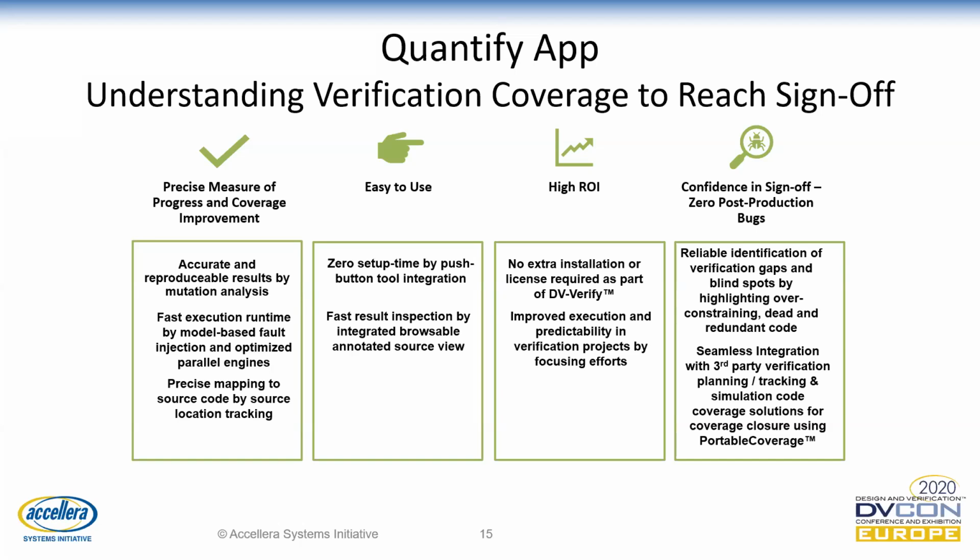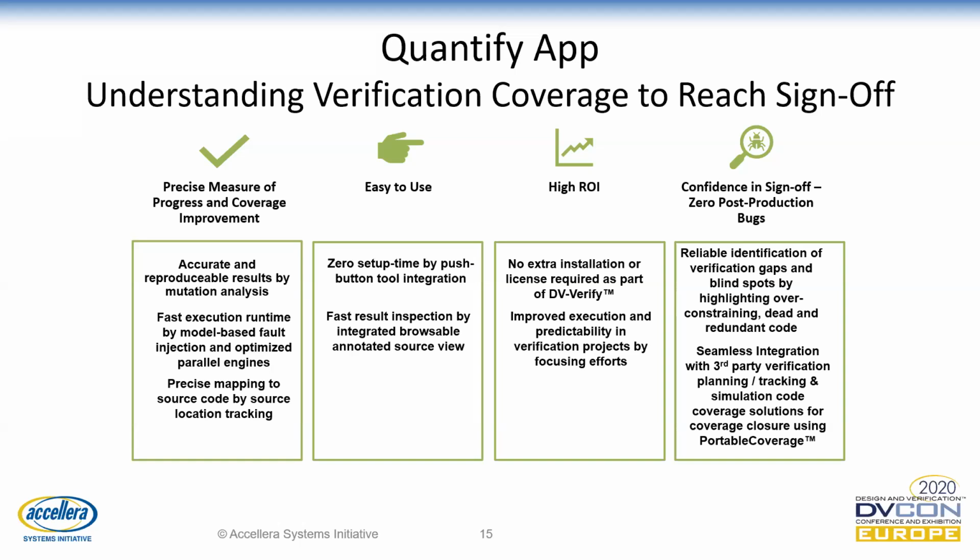It's fast, so the execution runtime is fast, by the mutation being applied on the model-based, and it does a precise mapping to source code by source location tracking. Easy to use, it's a push-button solution, so once the formal test bench has been developed, there is not much that needs to be done to run the coverage analysis.